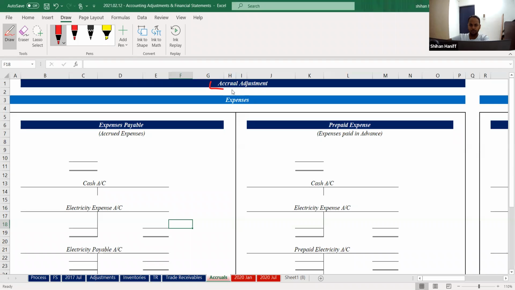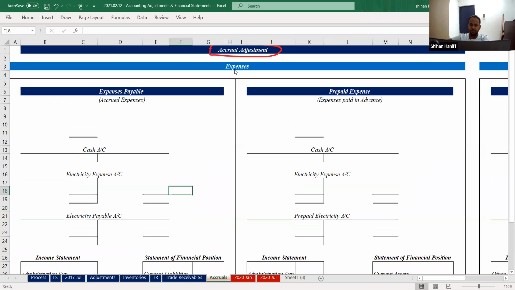Write the main heading as accrual adjustment. Under that, expenses. I'm going to divide the expenses into two.